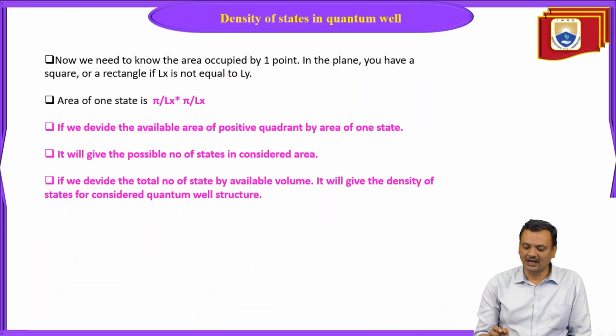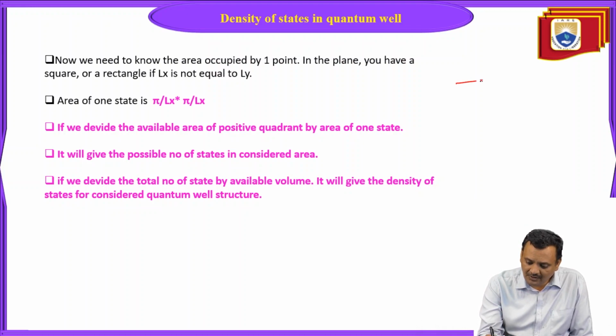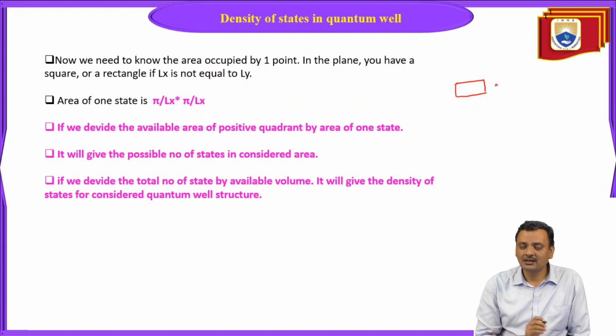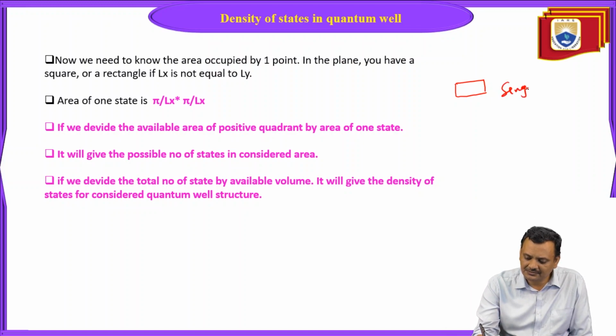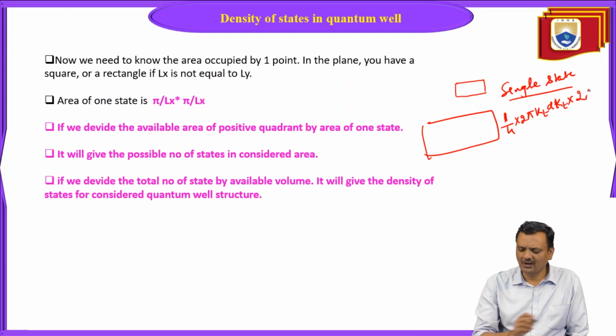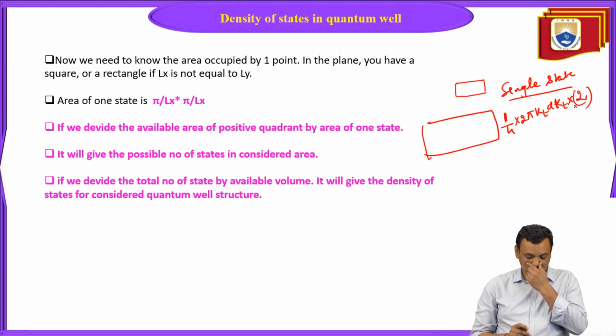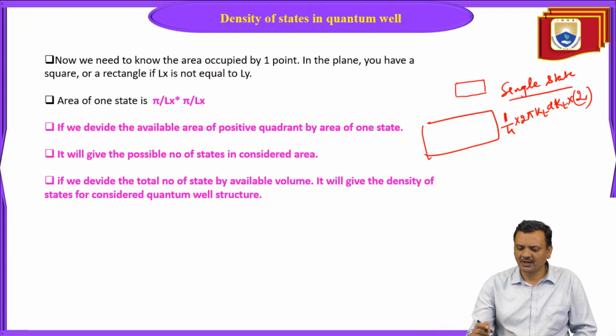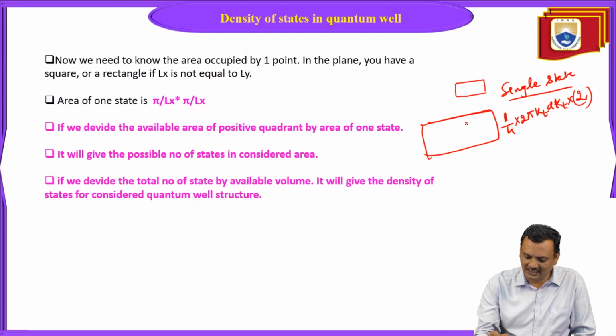This is your available area, the total available area, which is 1 by 4 multiplied by 2 pi kt dkt, and again multiplied by 2. Why 2? Because we are taking into account the electron spin.